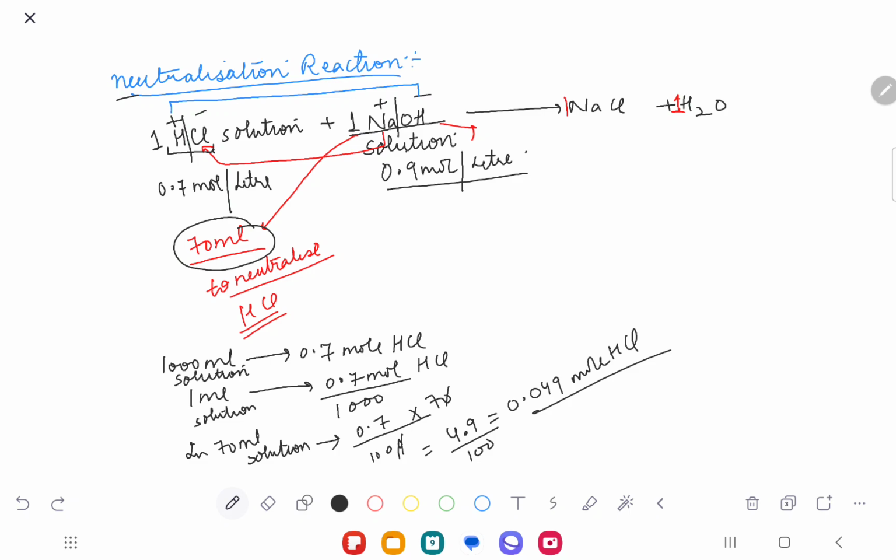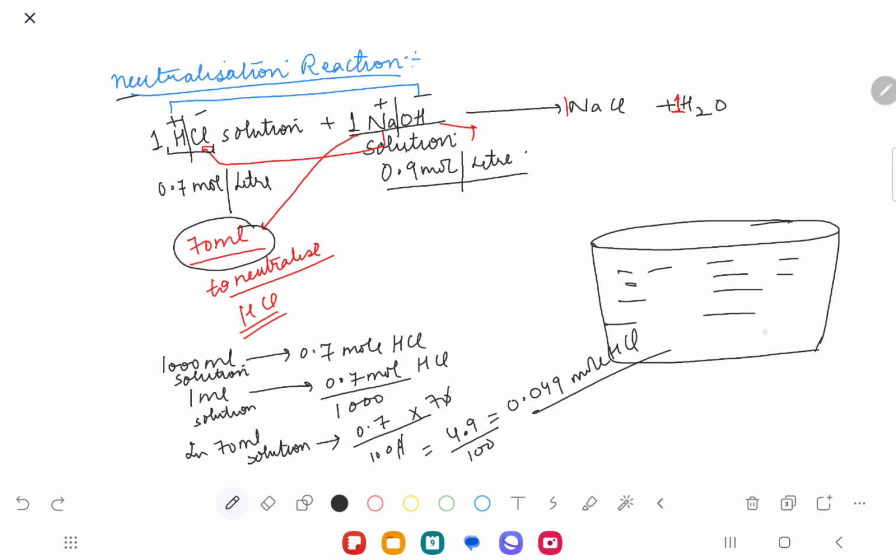Understand, when you go to a sweet shop, have you ever seen a sweet being made, Diya? They have these big tubs of sugar syrup, right?